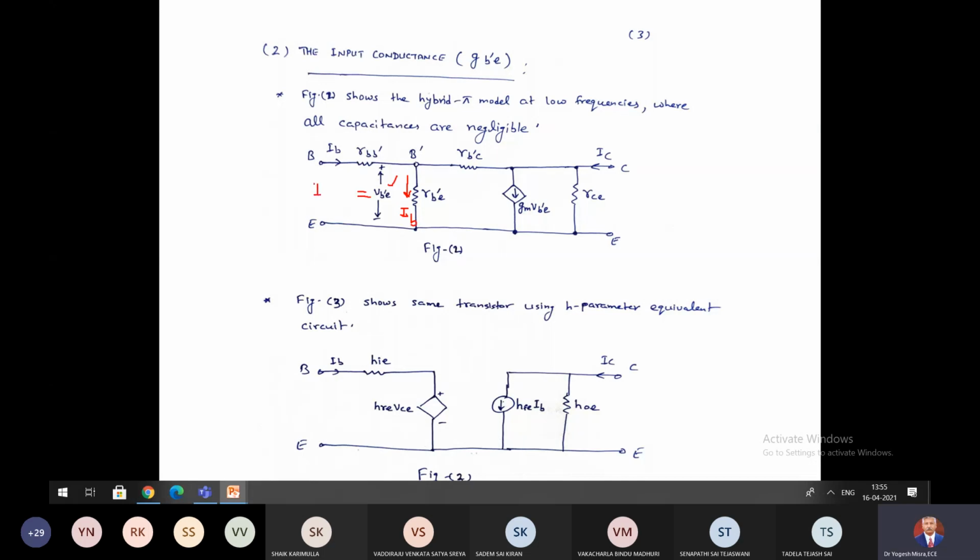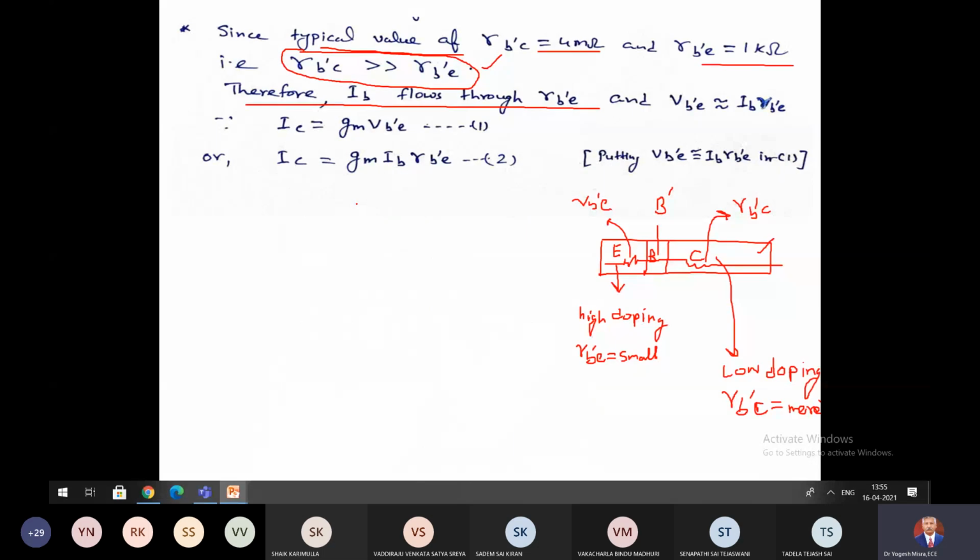It will be IB multiplied by RB'E, right? Same thing is written there. VB'E is equal to IB multiplied by RB'E, right?